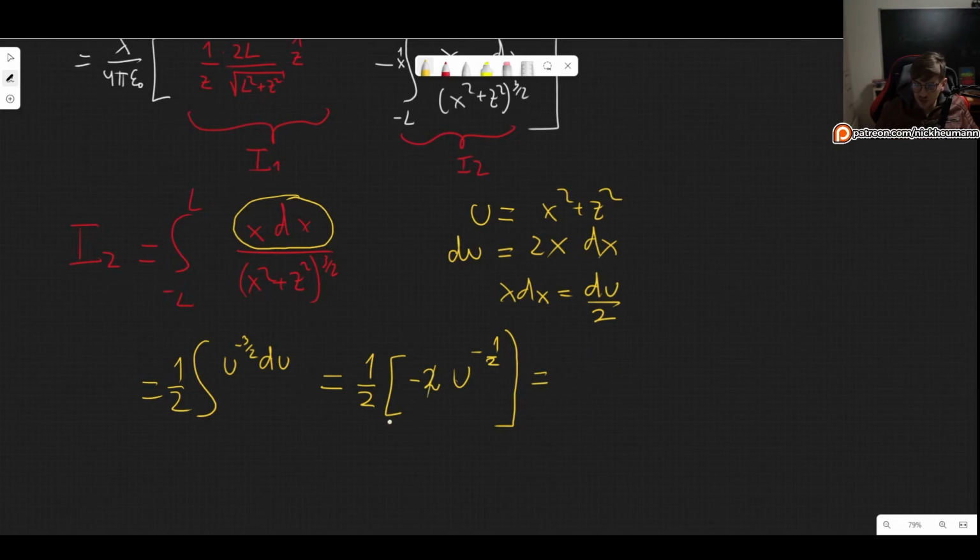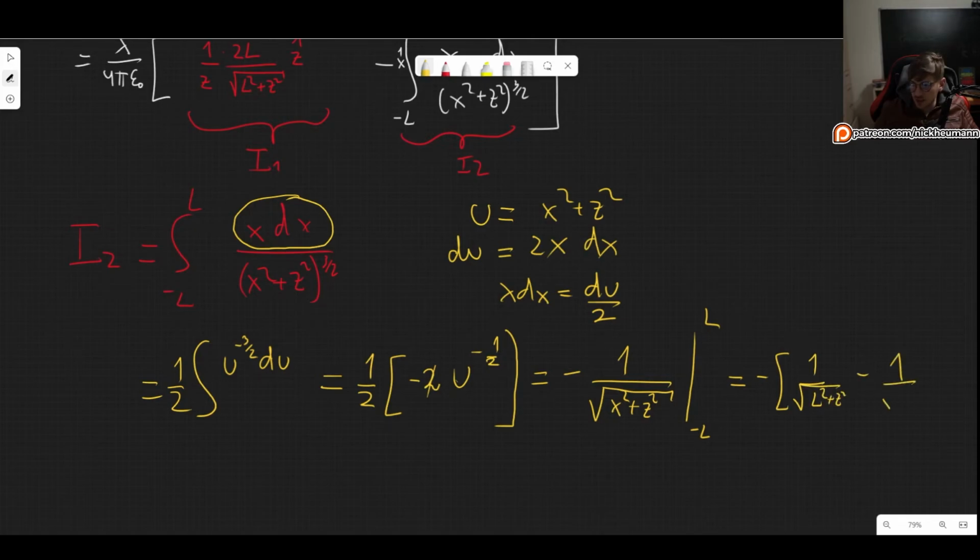So this 2 cancels out with this, so we get minus, and then we have 1 over the square root of x squared plus z squared, and we evaluate between minus L and L. So what do we get here? We get minus 1 over the square root of L squared plus z squared minus 1 over the square root of L squared plus z squared. And they cancel out and we end up with 0.